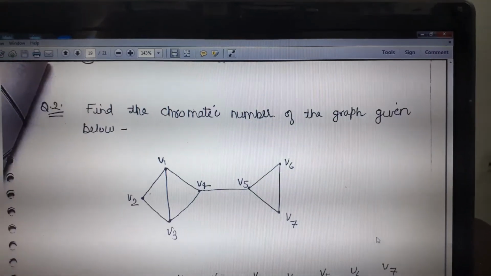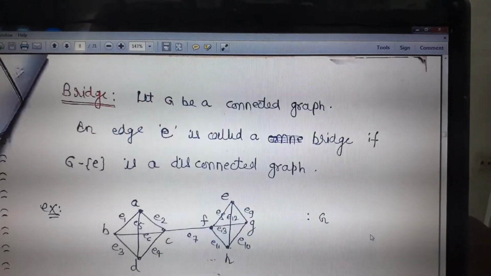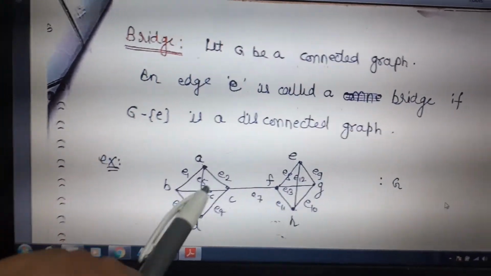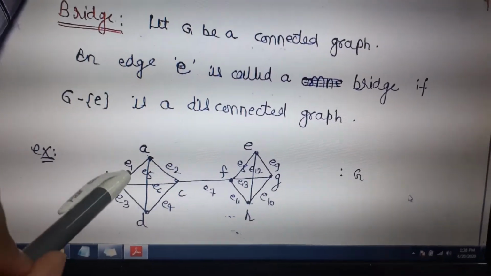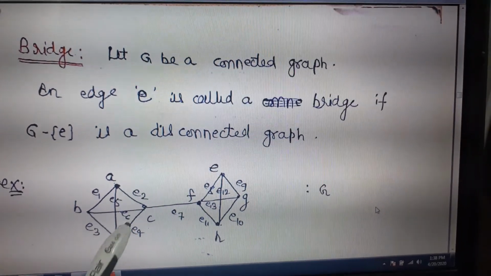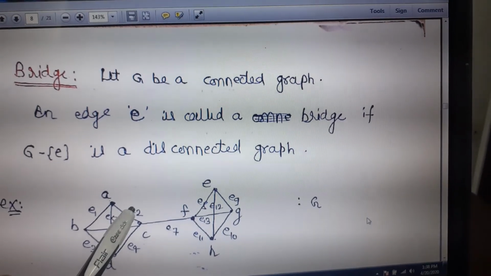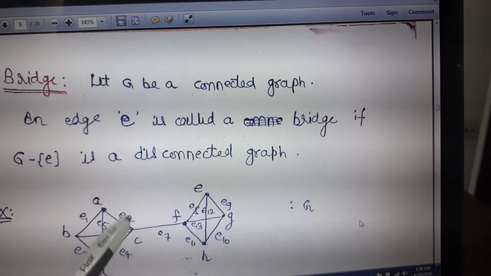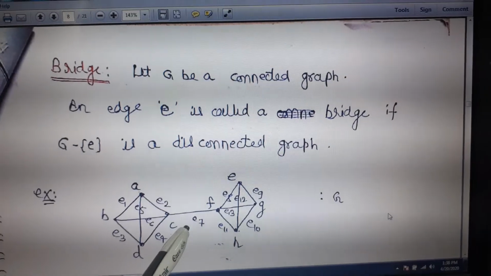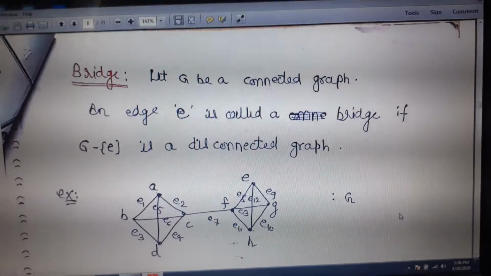Here, if I remove E1, E2, E3, E4, E6, E5, if I remove any of these edges, the graph will not become disconnected. Hence, these are not bridges. Only E7 is the bridge because its removal makes the graph disconnected.